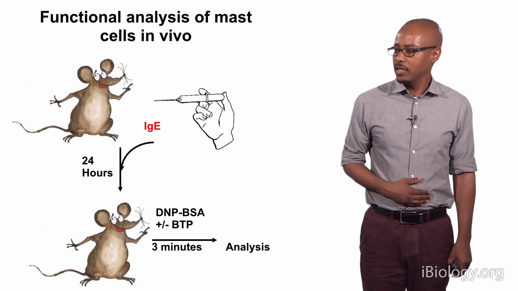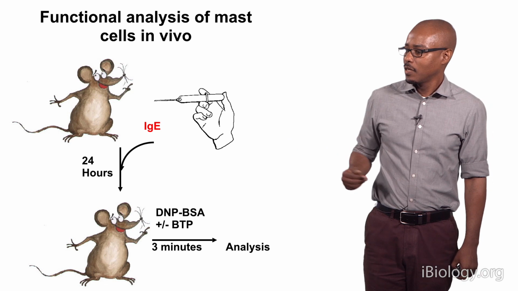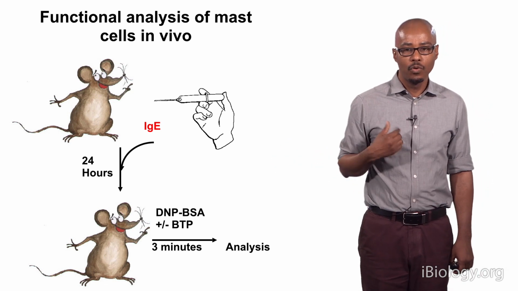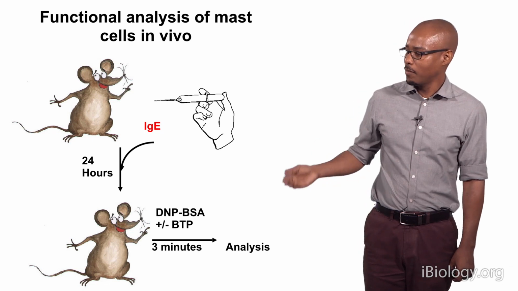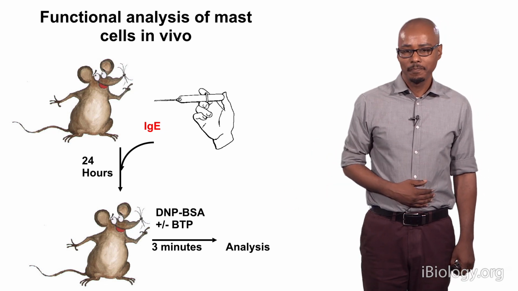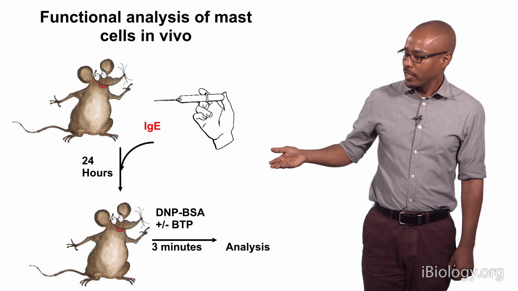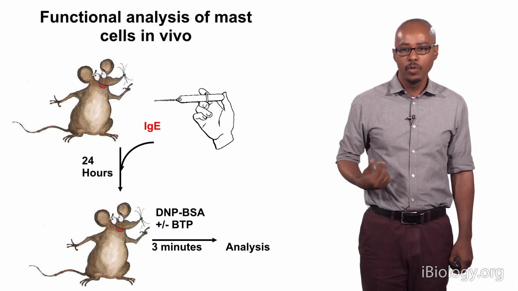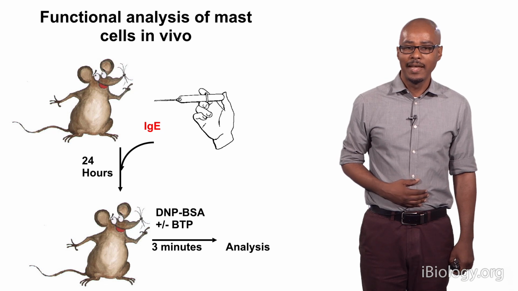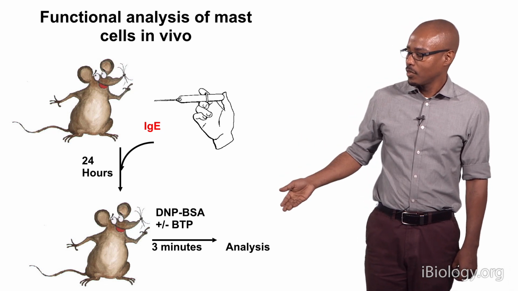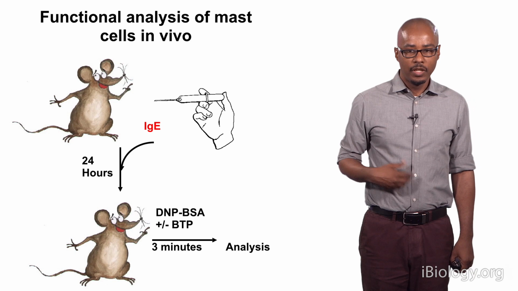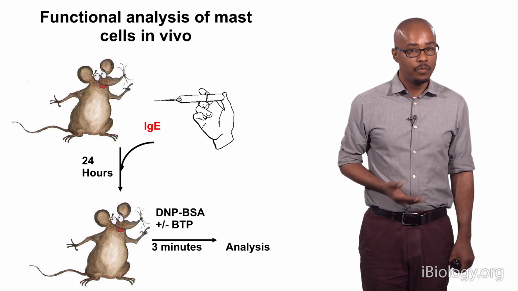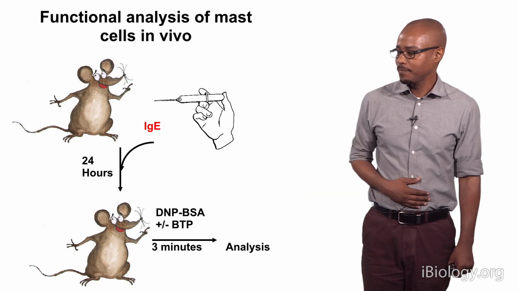So to do that, what we did is we took mice and we injected them with IgE that was specific to a molecule called DNP-BSA. When we injected that, the IgE will circulate within the mouse and coat the mast cells and basophils, and now when we inject the mouse with the allergen, within 3 minutes we can determine whether the mast cells will release histamine, which we can then analyze.